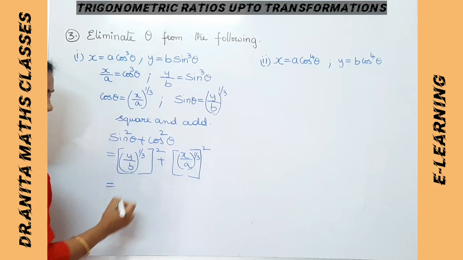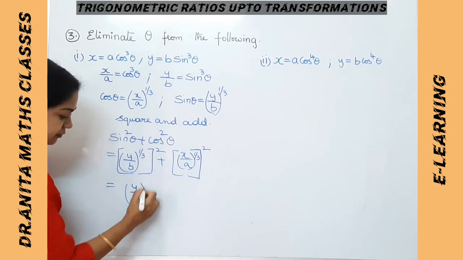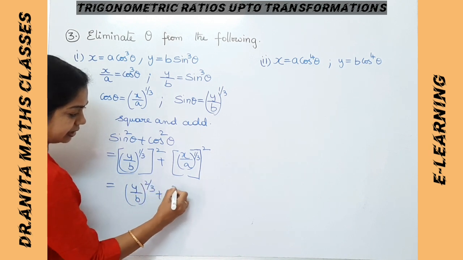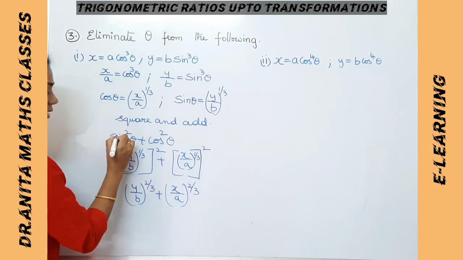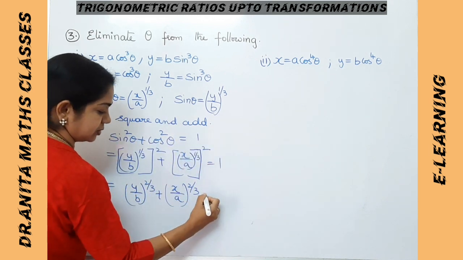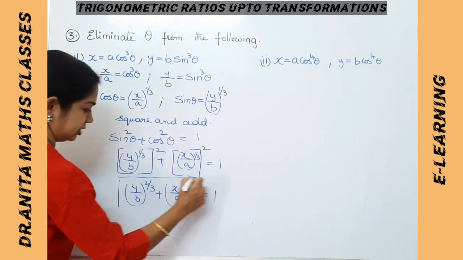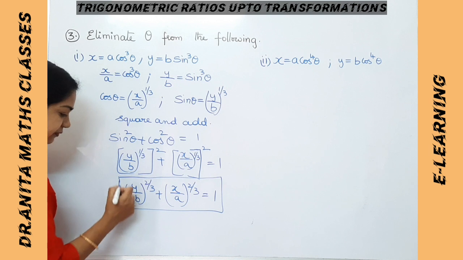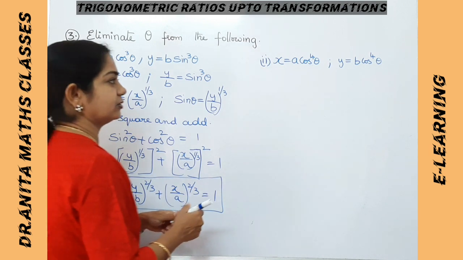If I square here, we will get y by b raised to the power of 2/3 plus x by a raised to the power of 2/3. Now clearly sin square plus cos square equals 1, so this is equal to 1. This is the equation we got wherein theta has been eliminated. Okay, right. Let's see the second bit also.